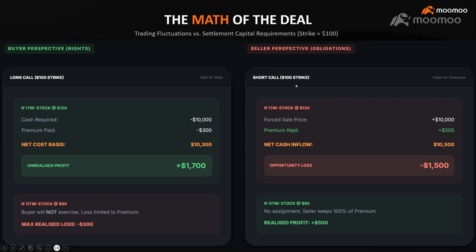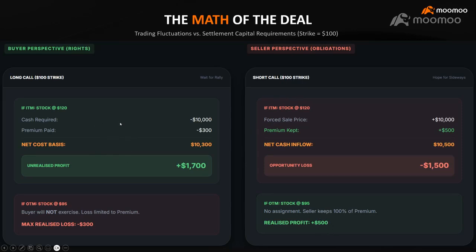If the price lands at $99, $98, $97, or maybe $50, 60, 70, as long as it closes below the $100 strike at expiration, you get to keep the premium.